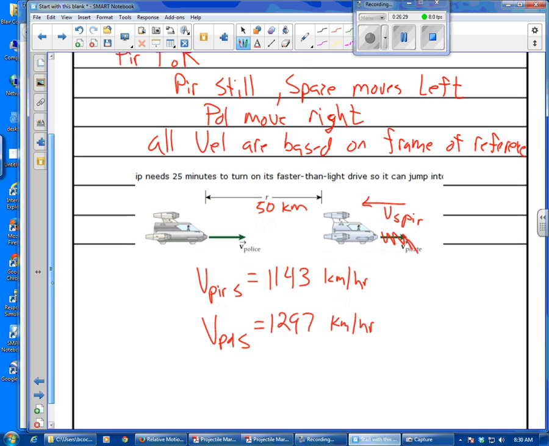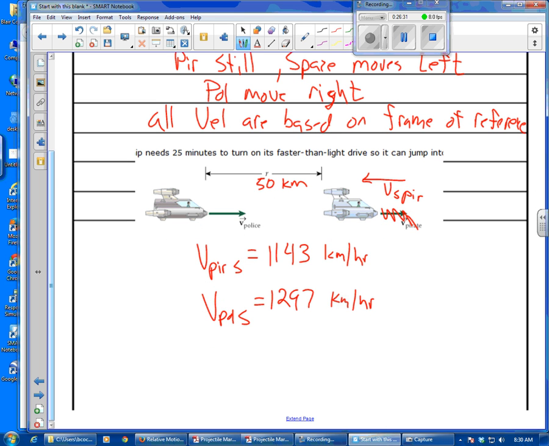All right. Which way do you want to call positive? I look over here because you guys asked for it. To the right? Okay, so we'll call it to the right positive. So both of these are positive.